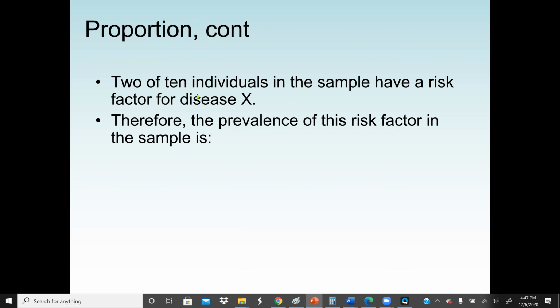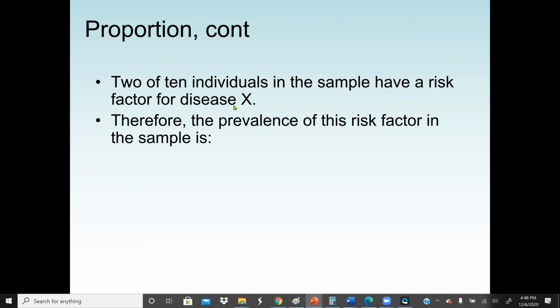Here is an example: 2 of 10 individuals in a sample have a risk factor for disease X. So the sample size n is 10, and the number of successes x is 2.